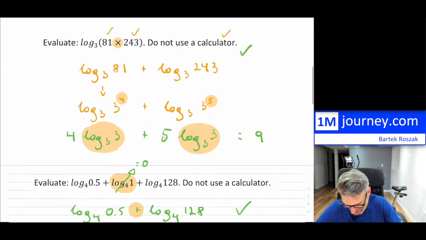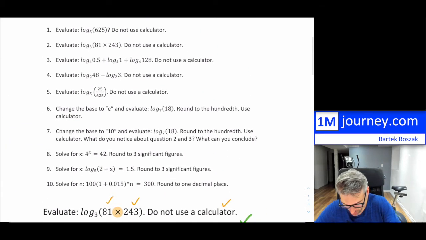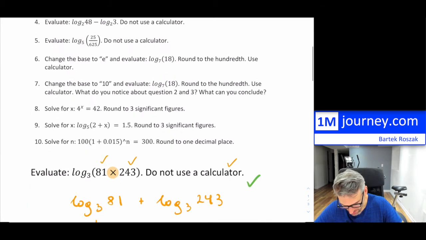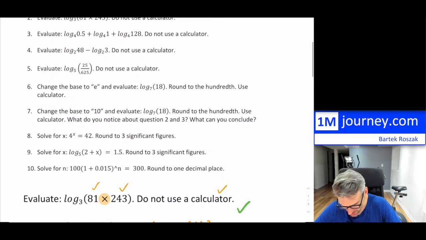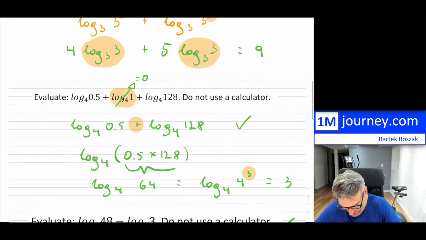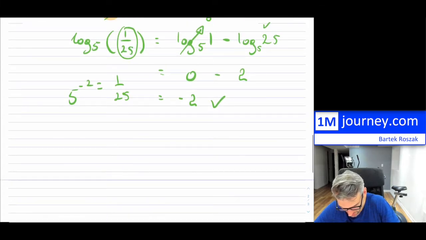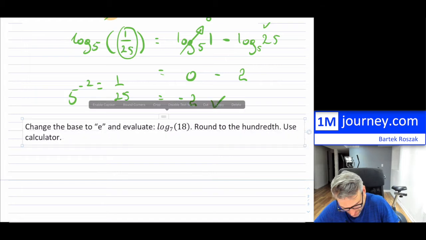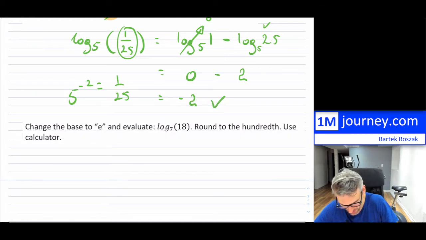Let's see what else they have. Question 6, change the base. Okay, so we're going to be using the change of base. Now they're asking for e, which is Euler's constant, or Euler's number. So we're going to see what that gives us. All right. Log base 7 of 18.